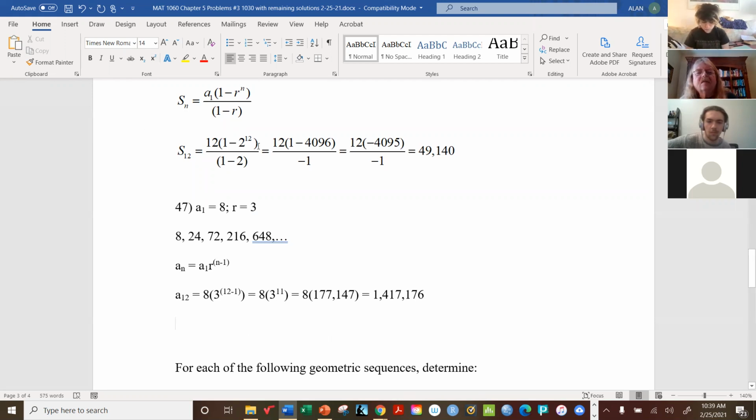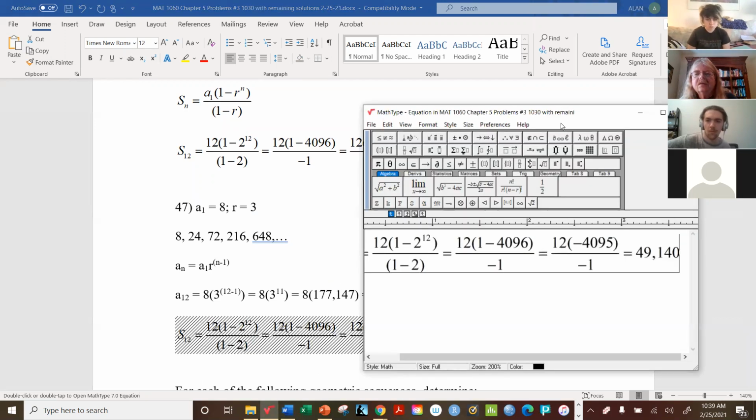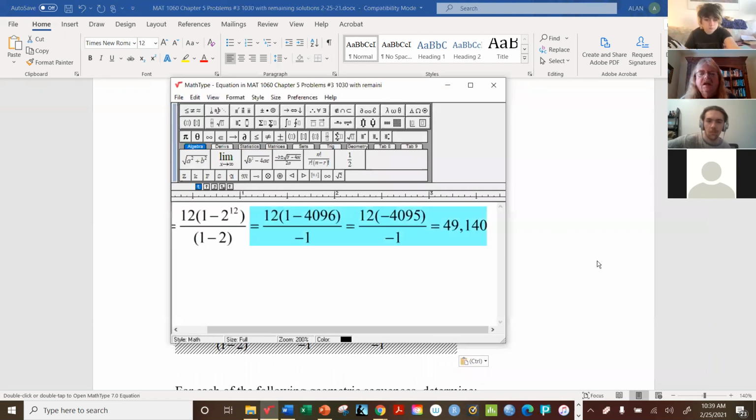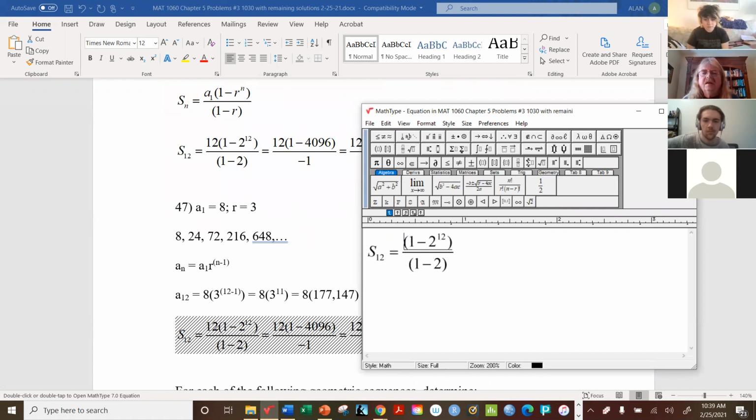All right, so what I'm going to do is recycle this formula. This time, though, we have A1 is 8, so this is now an 8. The common ratio is 3.